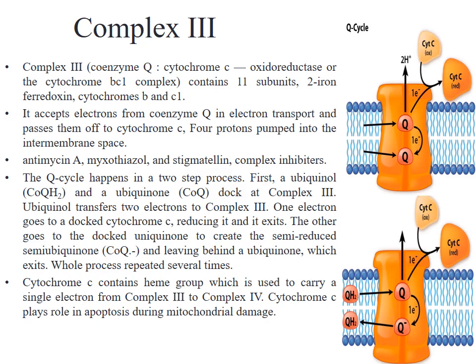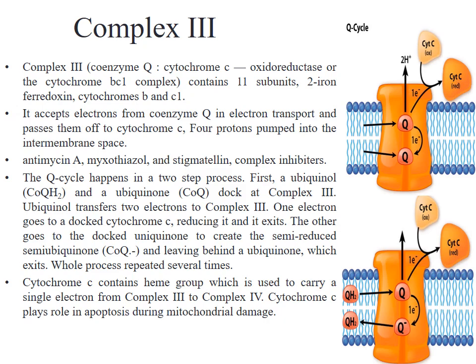Q cycle regulates the whole transfer of the electron, which is started from complex 1 and ends at complex 3. Cytochrome C also contains a heme group, which is used to carry a single electron from complex 3 to complex 4. Cytochrome C plays a role in apoptosis also during mitochondrial damage.